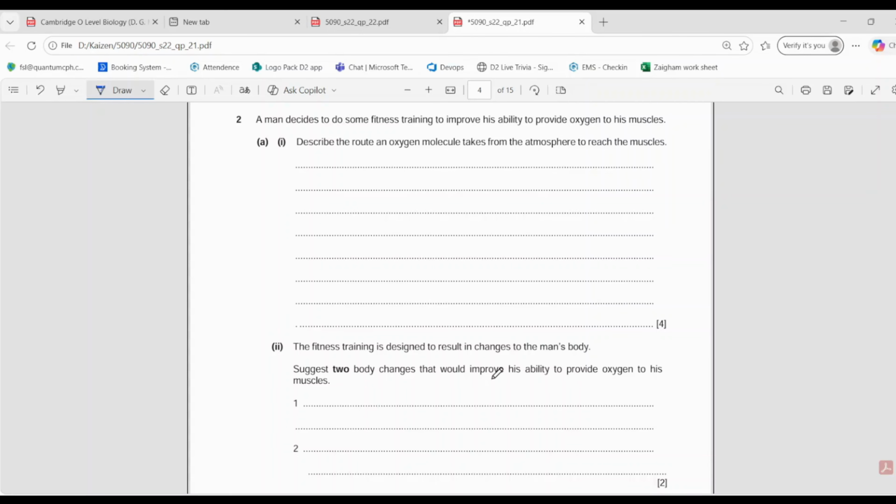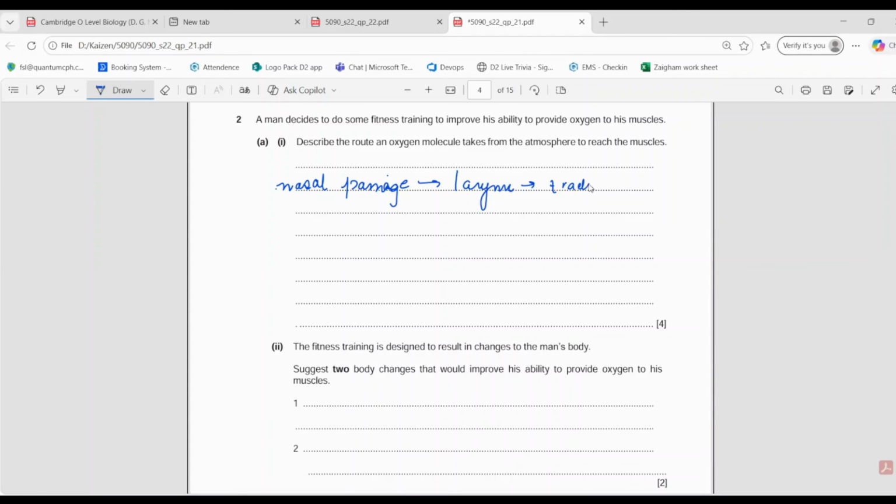What is the pathway? First of all, it enters from atmosphere to our nasal passage, and then larynx, and then after larynx, what is over there? Trachea.